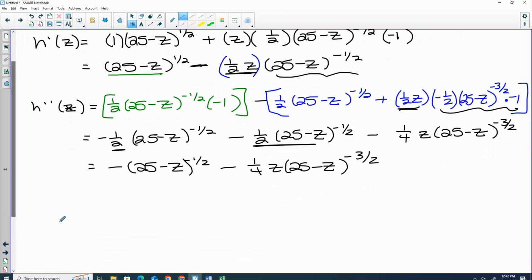That is my second derivative. I asked for the second derivative at 4. So if we think about this, a negative 1/2 is like saying the square root of that on the bottom, right? And I'm plugging in a 4.